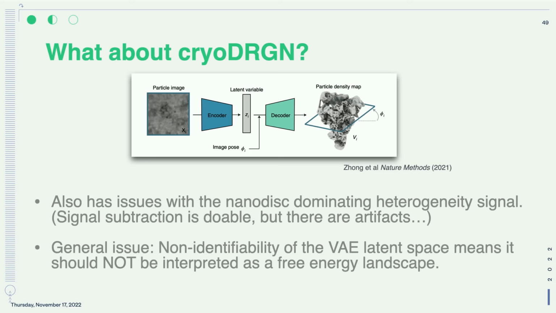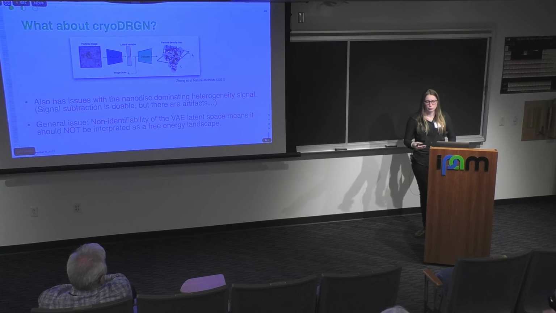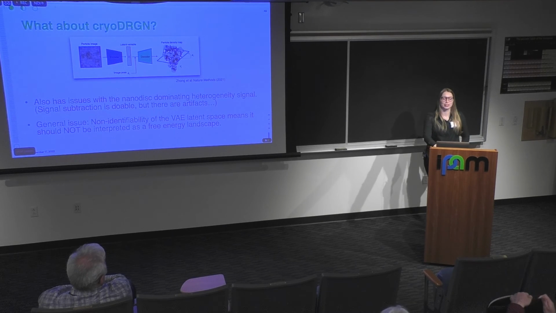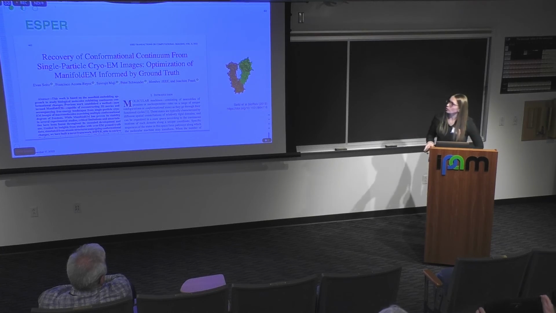And then furthermore, when we're interested in free energy landscapes from these data sets, it's tricky to get this from CryoDRGN, because the non-identifiability of the VAE latent space means we really should not interpret these spaces as free energy landscapes. That can be said about other types of dimensionality reduction as well, but that's a larger question.